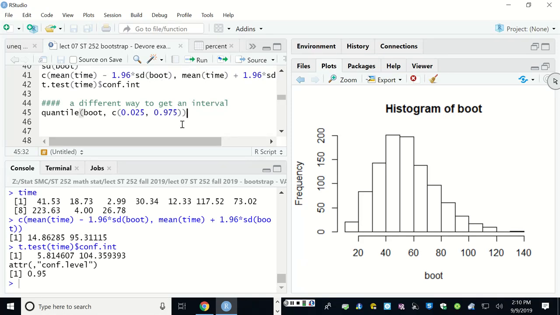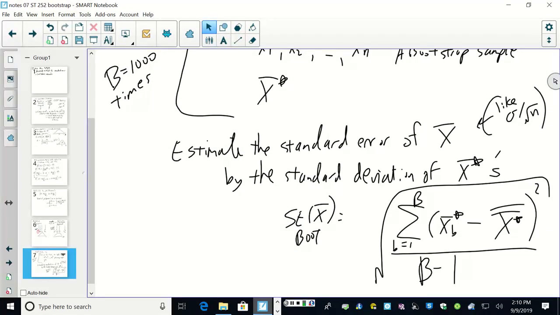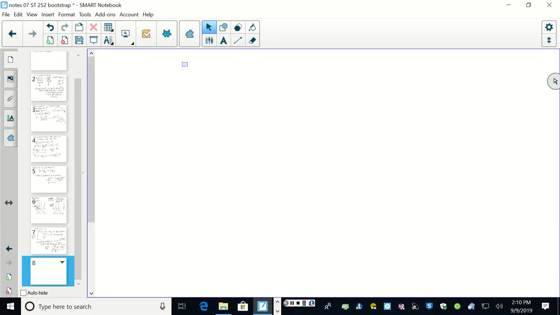A different way of doing intervals that we'll do more with on Wednesday is to actually use the bootstrap x bars themselves and look at the percentiles where they fall. And that becomes a bootstrap percentile idea for getting the intervals. So we have our population.